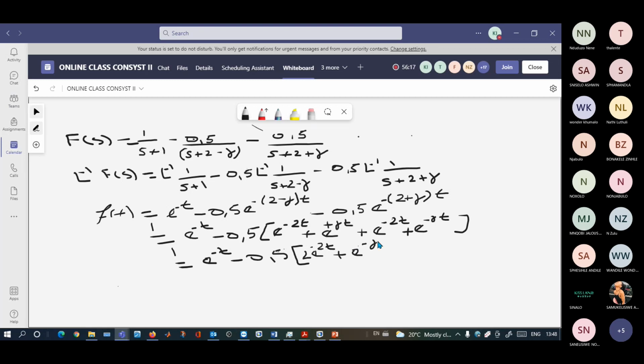Then plus e exponent negative jt. Close brackets.